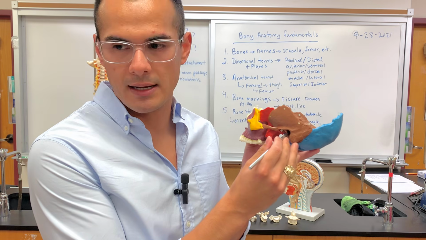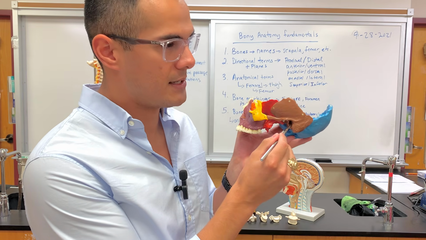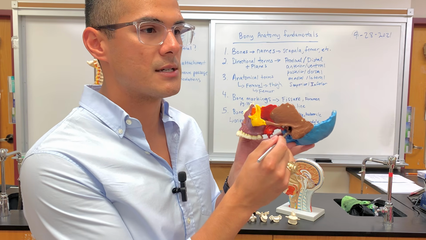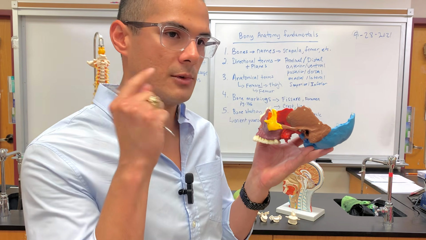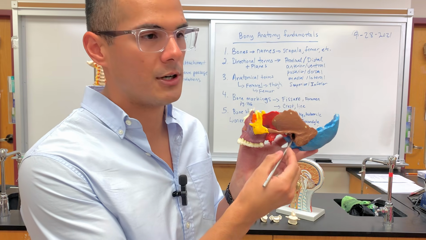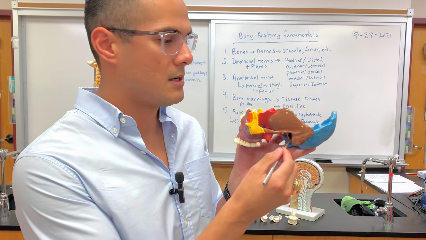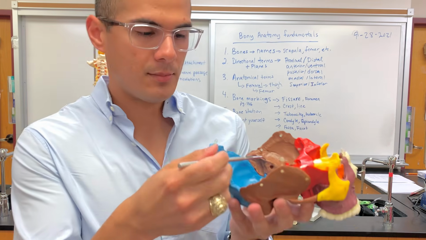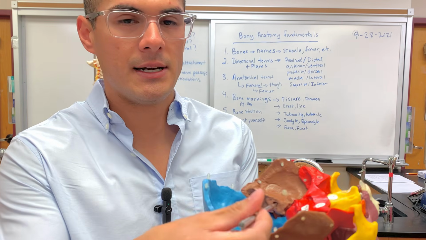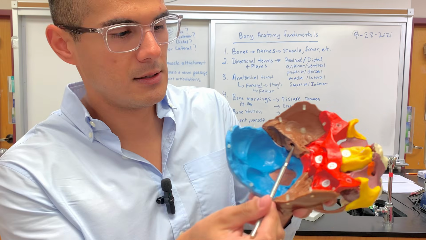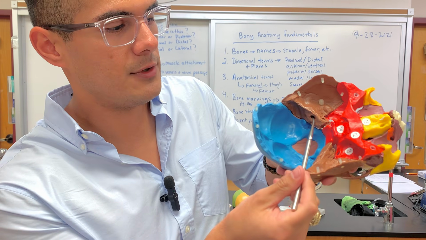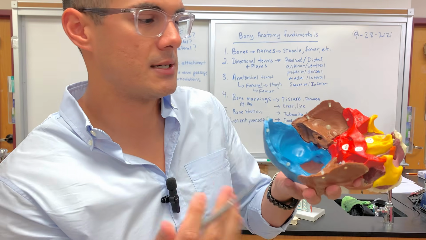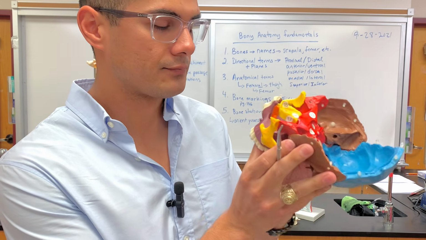A meatus is a canal-like opening. So this is the external acoustic meatus, external because it's on the outside, and acoustic because we're hearing things. And then you also have on the inside, this part right here, the internal acoustic meatus. I can point it out from that view. That's the internal acoustic meatus because it's on the inside.